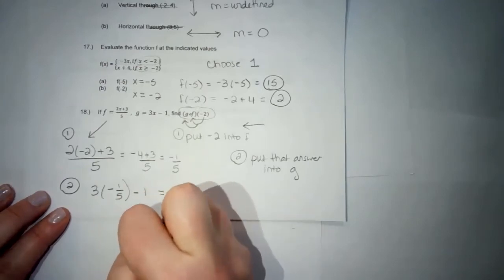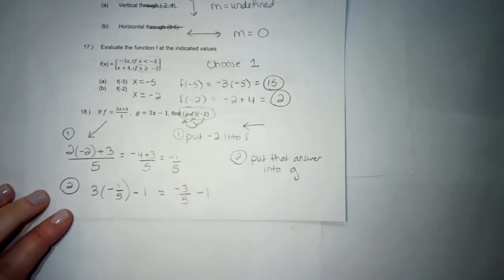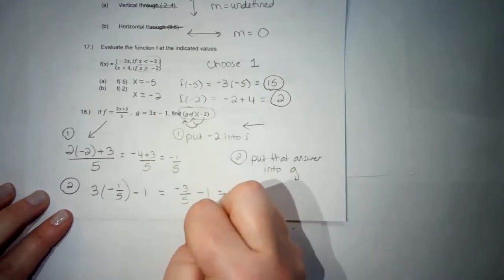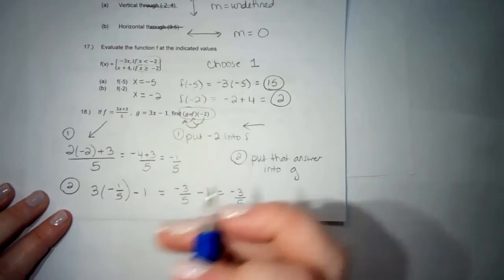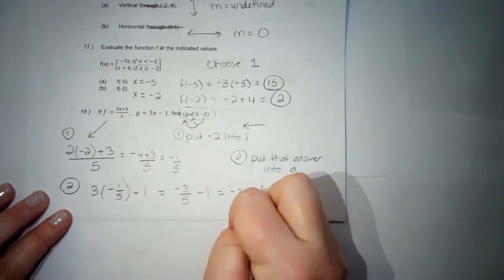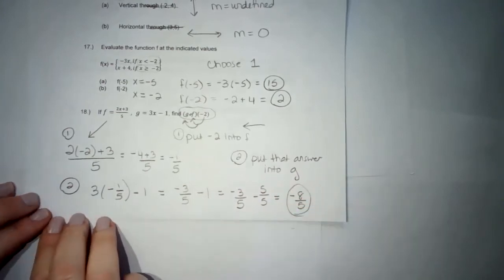But let's work through it. So we get negative 3/5 minus 1. If you have the big calculator, you can do that easily. Otherwise, I need to change 1 into 5 over 5, anything with a denominator of 5. So 5 over 5, and I get -8/5 as my final answer.